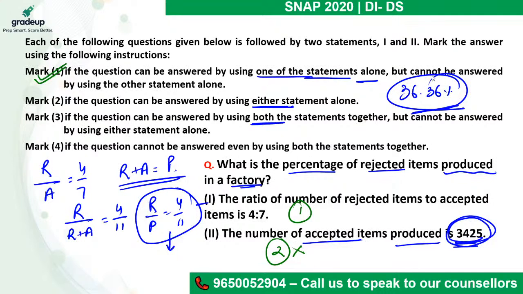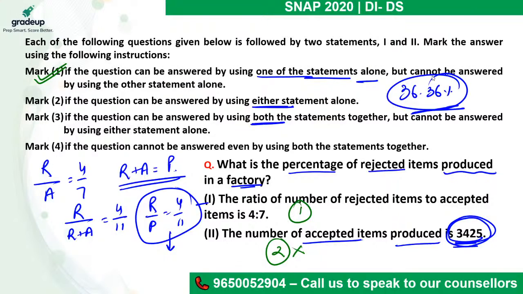Many times I have seen students having this doubt: sir, if I use the second as well, I am getting the answer. And you are probably right. It is possible that if you use the second as well, you can answer. But the point is, look at option 3. It is clearly written in option 3: if the question can be answered by using both the statements together, but cannot be answered by them alone. So if a statement alone cannot answer and you need a combination, then you mark 3.